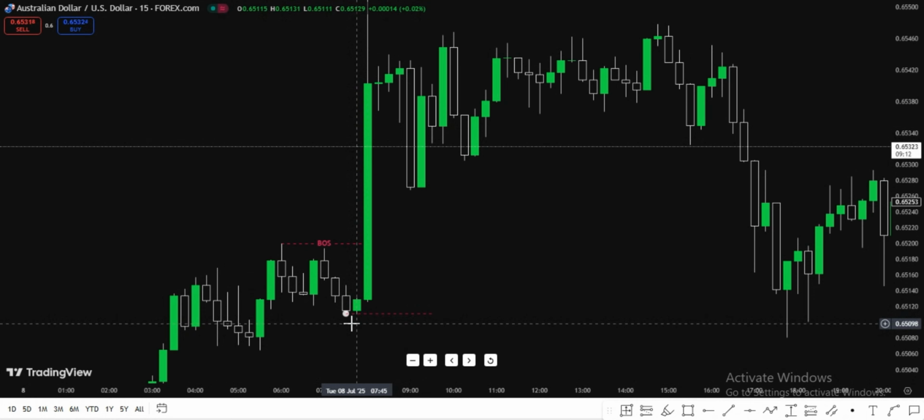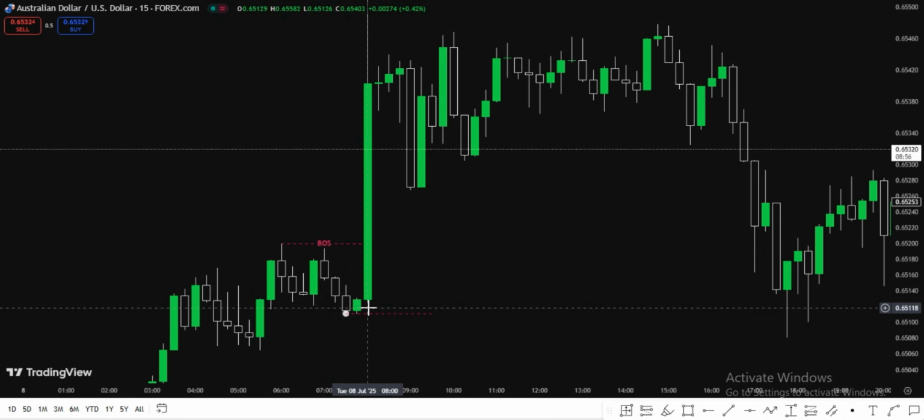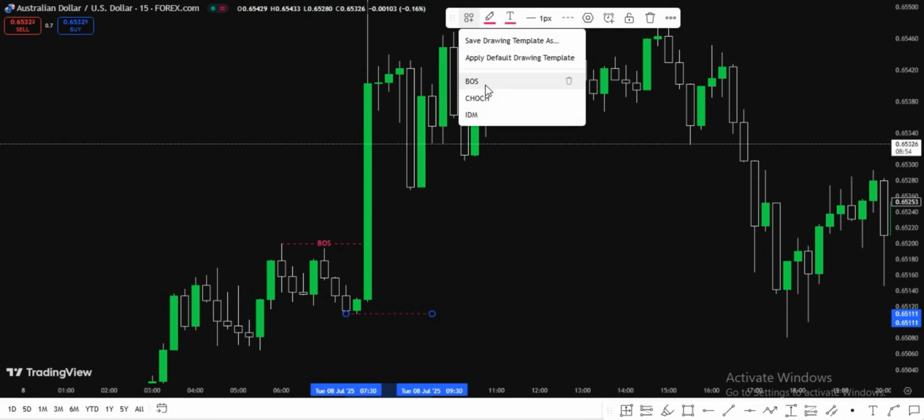So after breakup structure, if the market made for us a valid pullback, I can mark this as an inducement, as a trap. This is not valid. So this is an inducement.